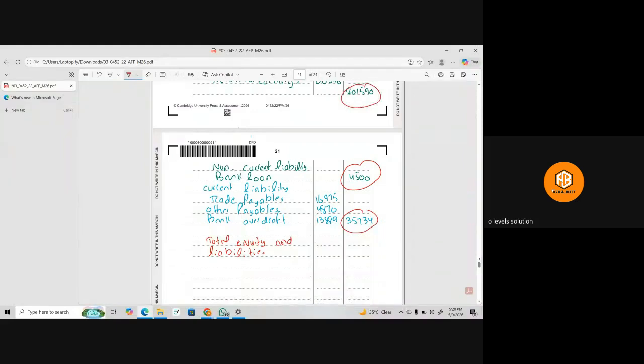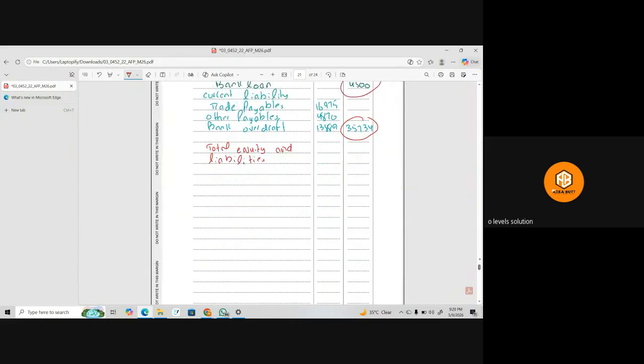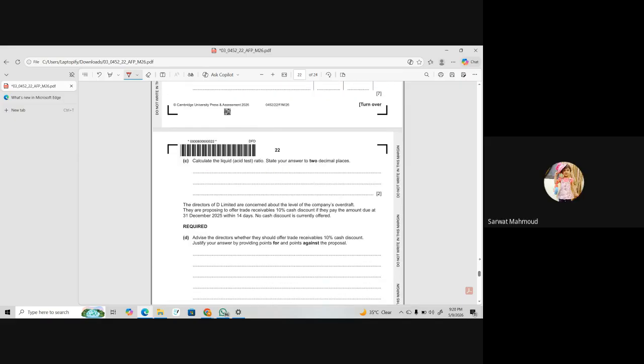Okay, so we have the total, just like the total assets, 241,824. We are getting the same answer. So it means that the statement of financial position is balanced.